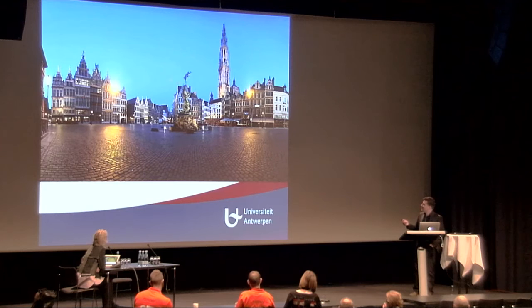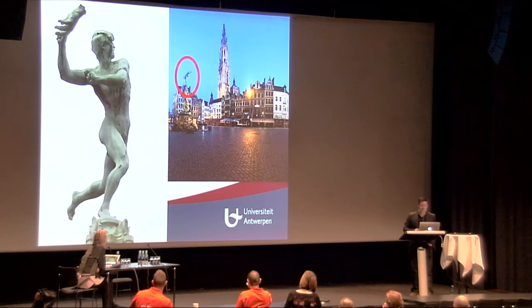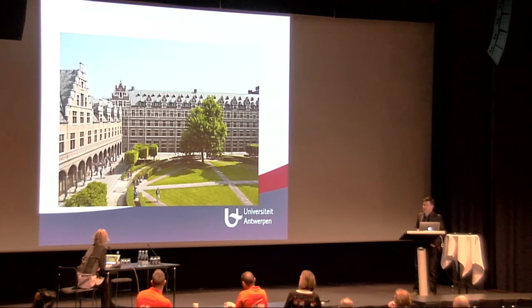Our symbol of Antwerp is an overhead athlete, so it's in our genes to do shoulder study. This is our university, a beautiful old building. I haven't been there a lot because we are in an ugly building, but I present this one.